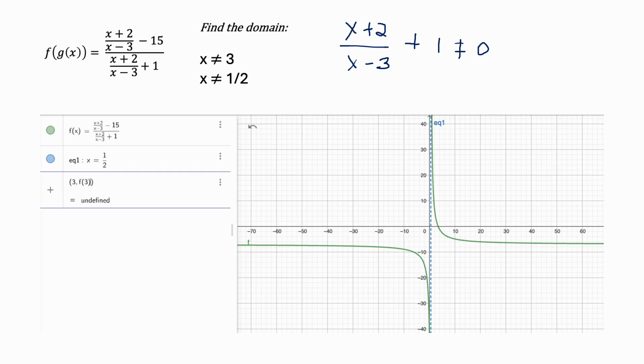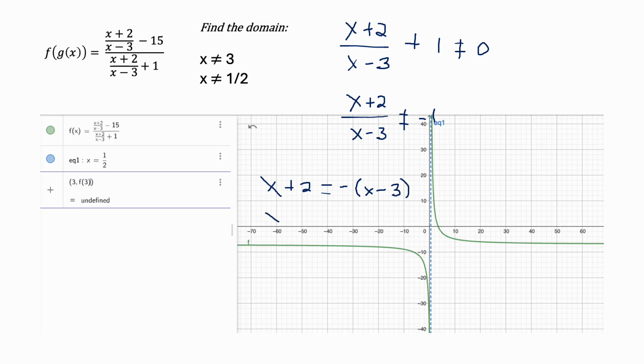I'm going to subtract 1 from both sides. And then I'm going to multiply both sides by x minus 3. And don't forget parentheses, because it's a negative of all this.